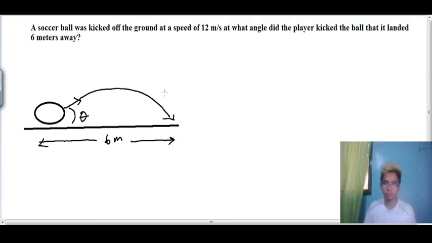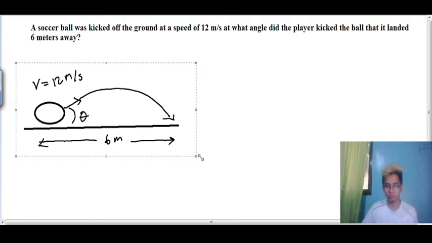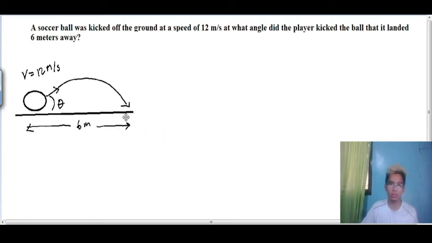And its velocity, we name it V because it has a velocity from the y component and the x component. So name this V, 12 meters per second. So let us shrink the drawing.